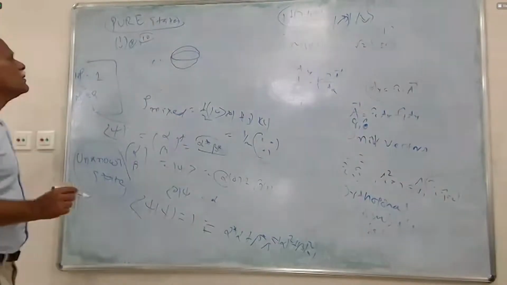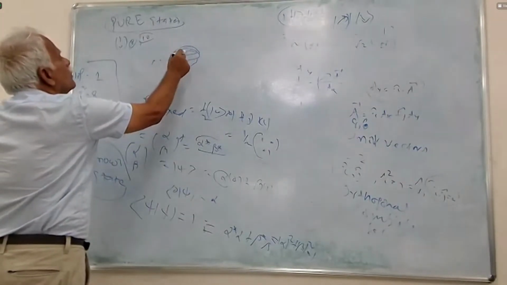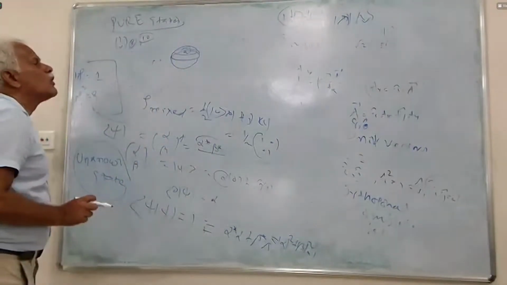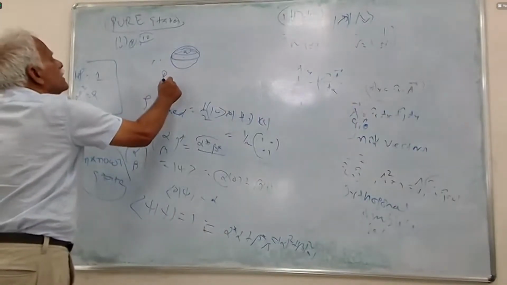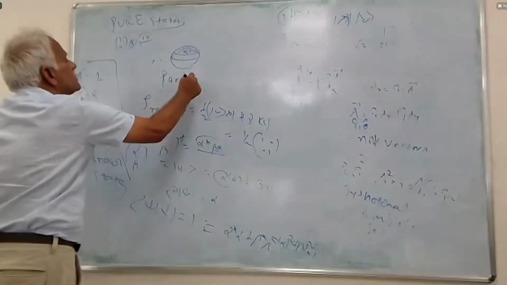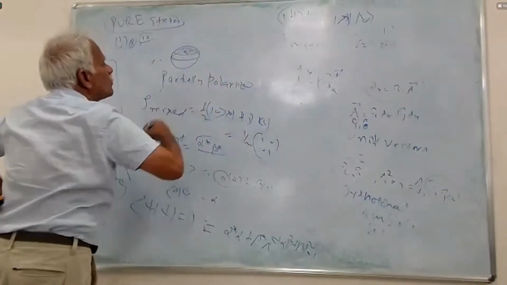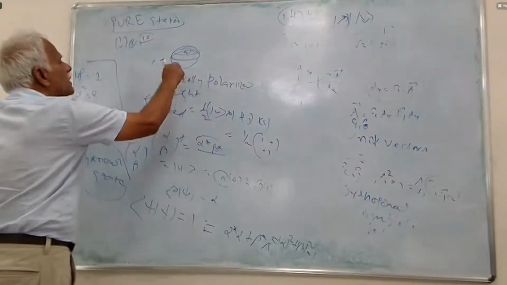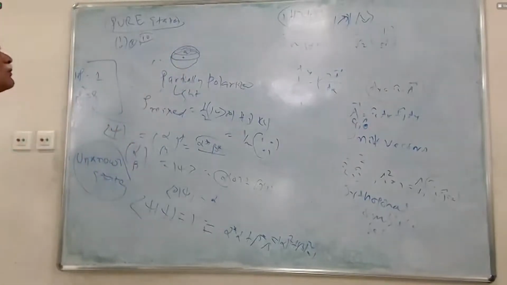In polarization, pure states are on the Bloch sphere, on the surface of the sphere, and inside that, those objects are called partially polarized light. Whatever language you need for quantum mechanics is there, like partially polarized light and the points in between. And the origin is completely unpolarized light.